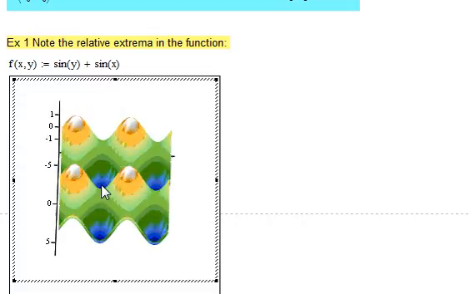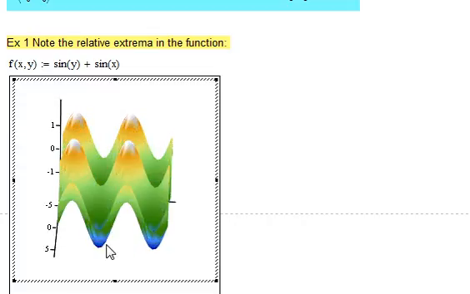And the same way with the minimum, there's an open disk that contains the place where the valley is deepest, so to speak. At any place you'd pick in that disk except for the bottom spot, the value would be bigger than f evaluated at the bottom spot. I guess that was easy enough.